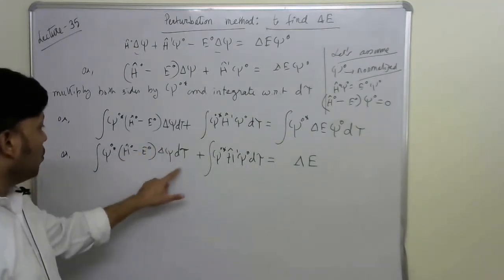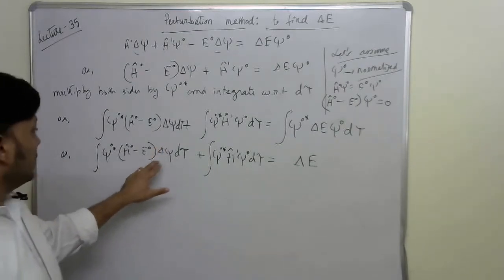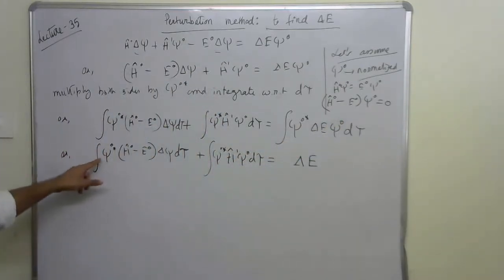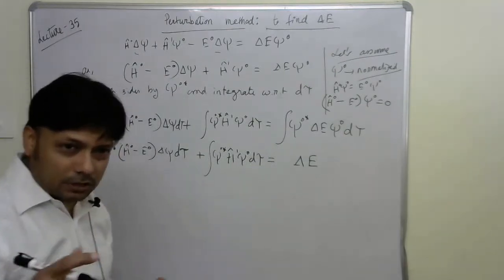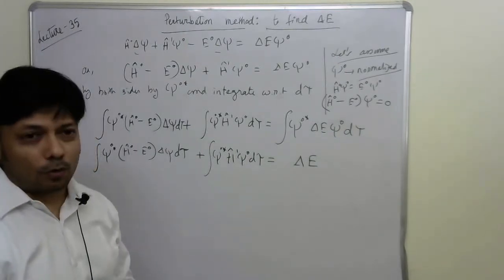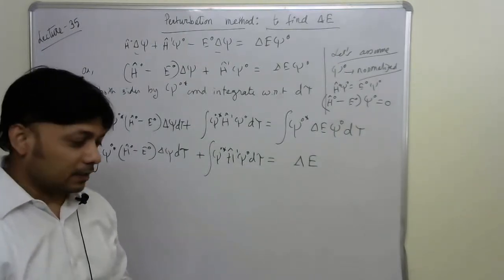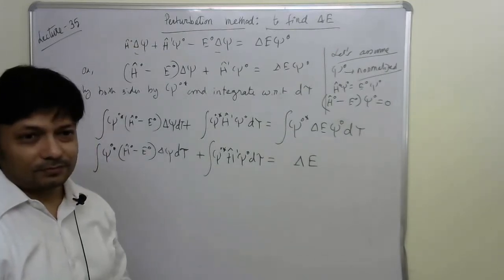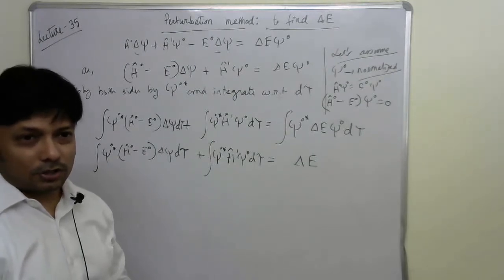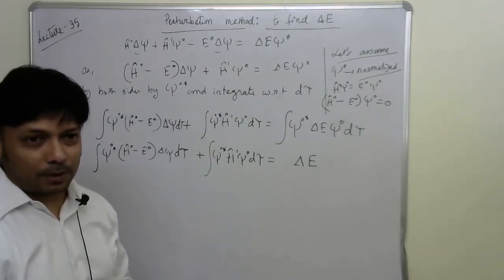So how can we replace delta psi with psi naught? But look at the left hand side, we have psi naught star. So does that expression remind you of something? Yes, chapter number 4, you recollect the condition of, okay. So condition of what? Do you still remember?